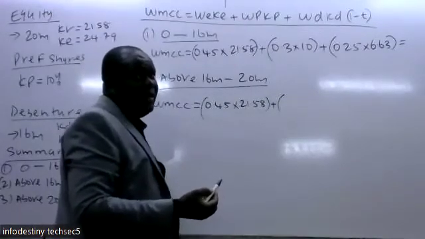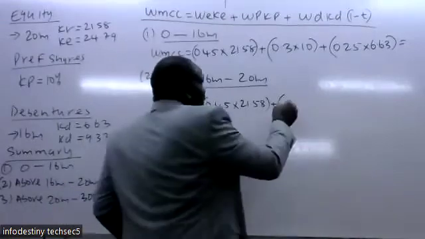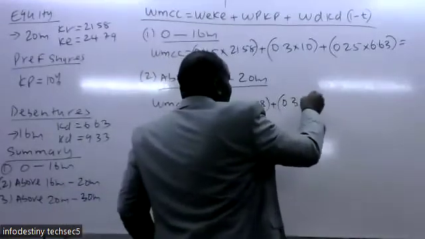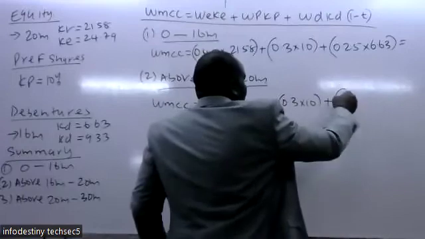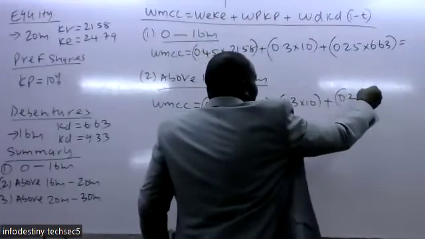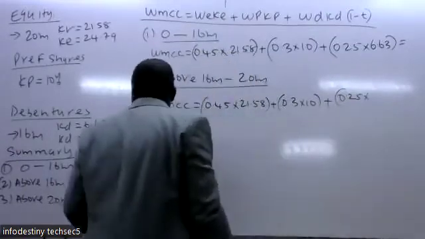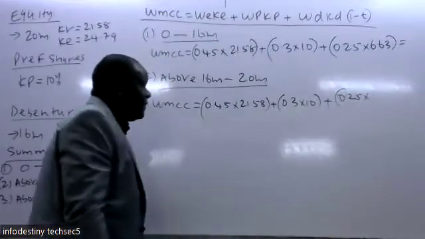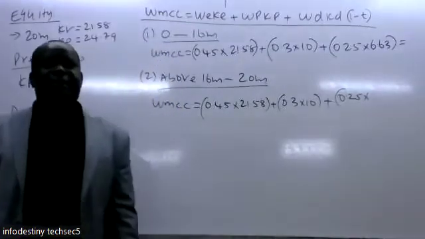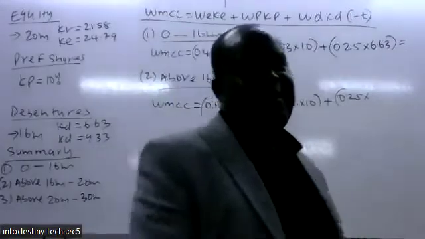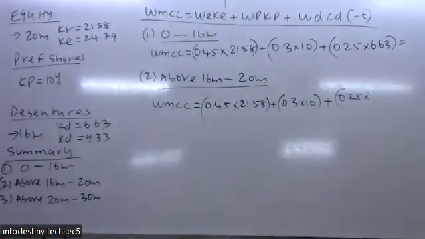So it applied. This will be 0.3 multiplied by 10. Then 0.25. So debentures, now we are above 16 million. You see the debentures? Yeah, 16 million and below, it equals 6.63. But now when you are above 16, we change to 9.33.